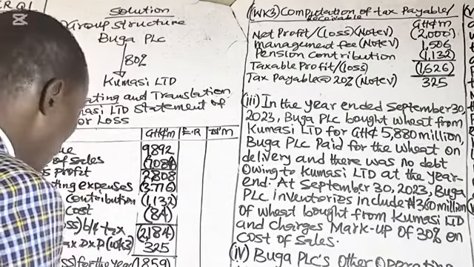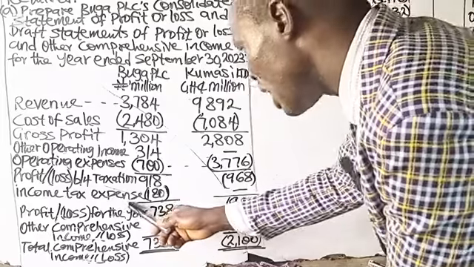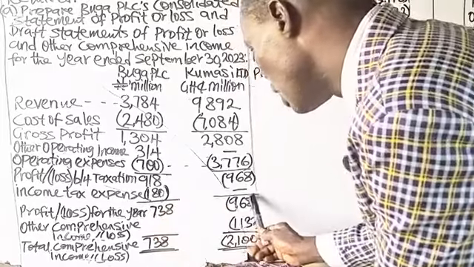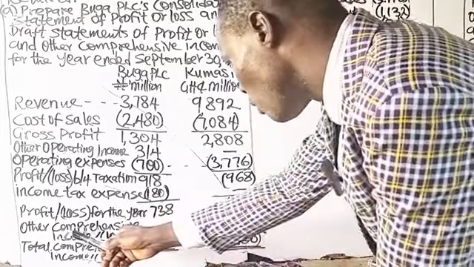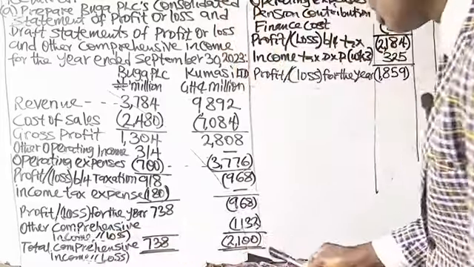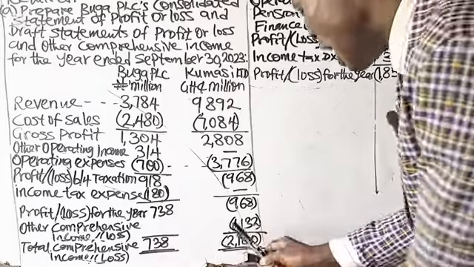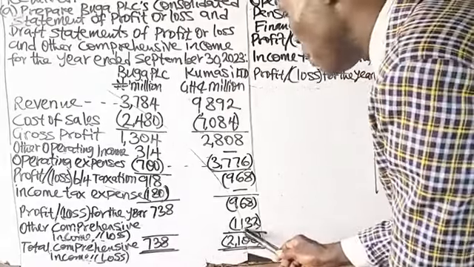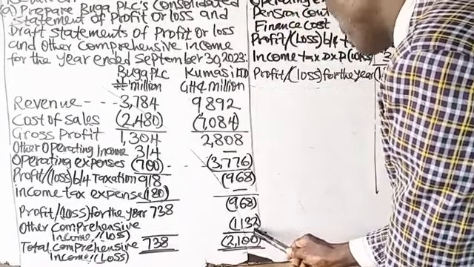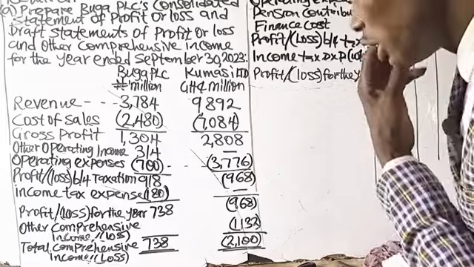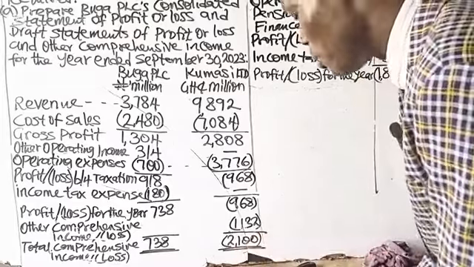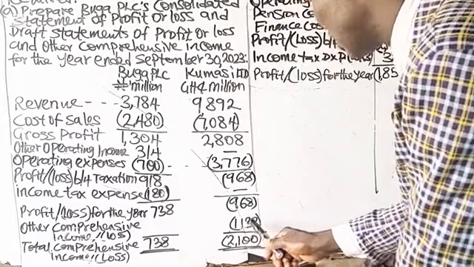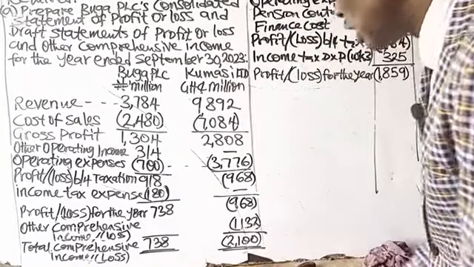Back to the statement of profit or loss. After tax, the next item is items of other comprehensive income. Remember, the item that was recorded as other comprehensive income is the pension cost or pension contribution, which in accordance with Ghana GAAP was to be recorded as other comprehensive income.